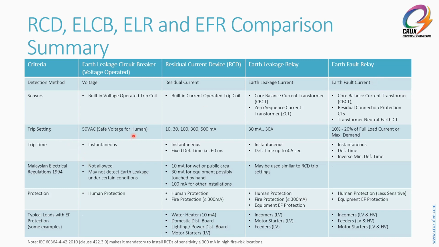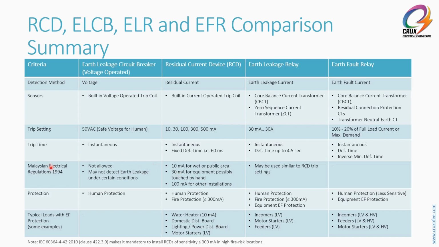The trip setting is 50 volts AC for the ELCB, then low leakage current up to 500 milliamps for the RCD, and the ELR up to 30 amps. Earth fault relay is up to 10 to 20% of the full load current. And the trip time, as mentioned earlier, you can go through.